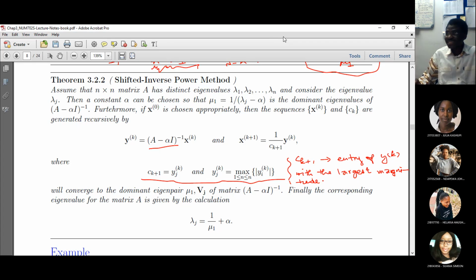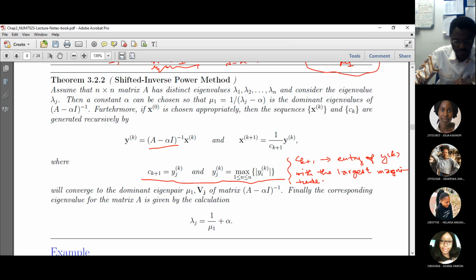So the ck will converge towards mu1, and the xk will converge towards the eigenvector v. So with this you get an eigenpair, the eigenvalue and eigenvector. The sequence of the ck will converge towards mu1.